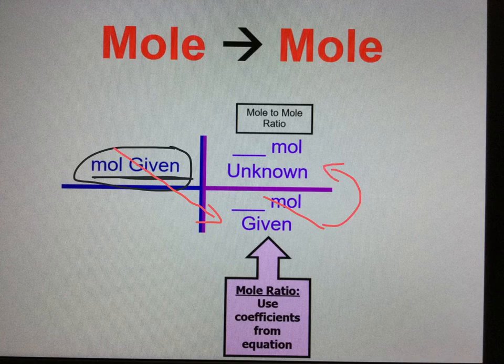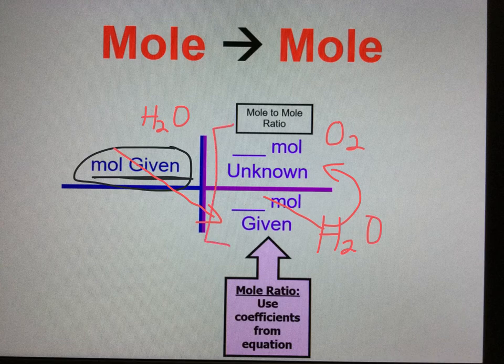Now, stoichiometry is not just changing the unit. Part of it is changing the chemical you're working with. So if I started off with water, but I want to know how many moles of oxygen gas it gave me, I'm going to have the water molecule down here. And anytime you have mole to mole, this number is always going to be the coefficient in that equation.